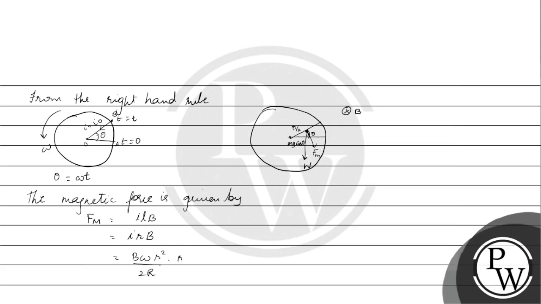So into R into B. So the magnetic force comes out to be B squared omega R cube divided by 2R.